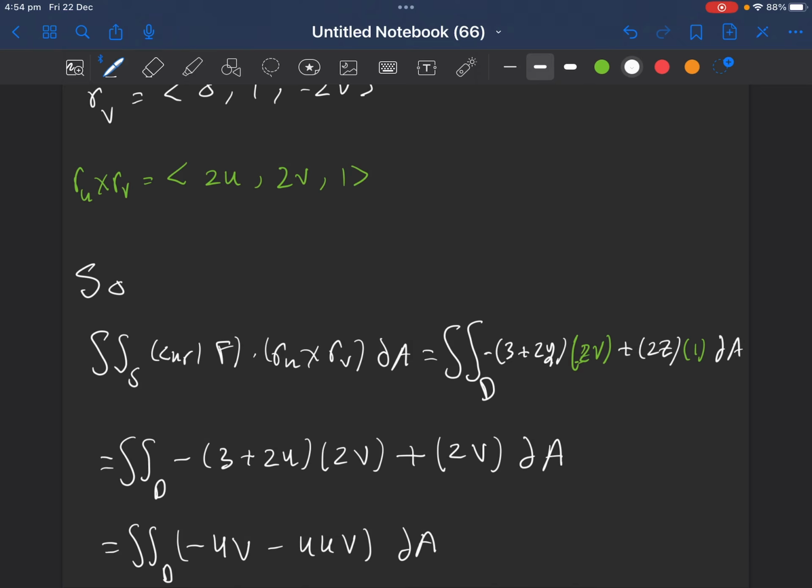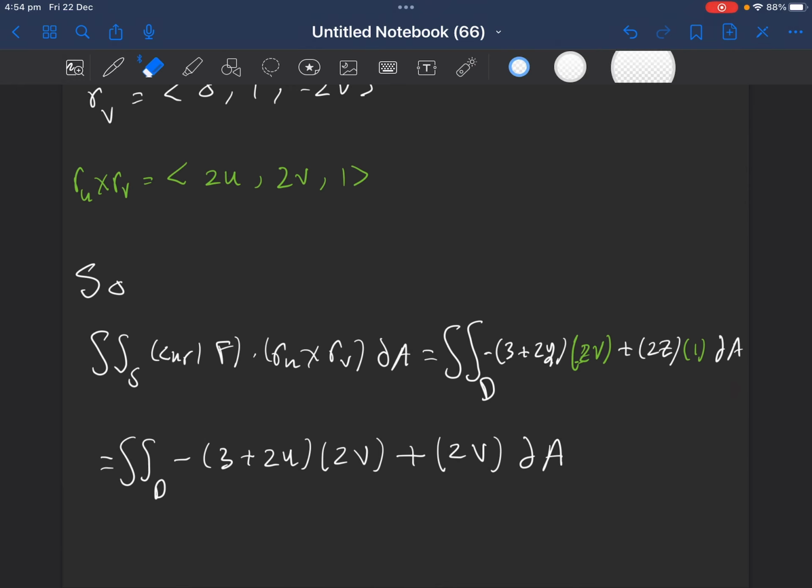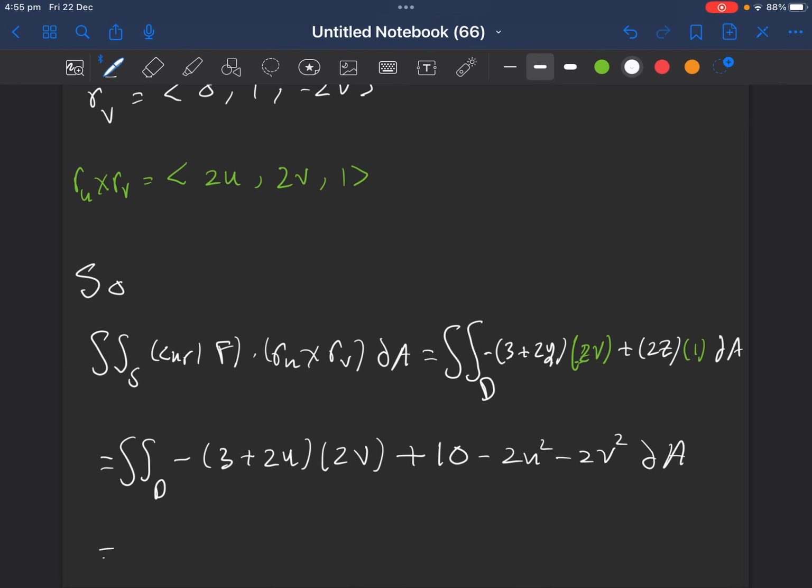Oh, I'm sorry, I think I made a mistake here. For the 2z, the z is 5 minus u squared minus v squared. So there's a mistake here. I can just cancel this one here and go back. So this would be 10 minus 2u squared minus 2v squared dA.